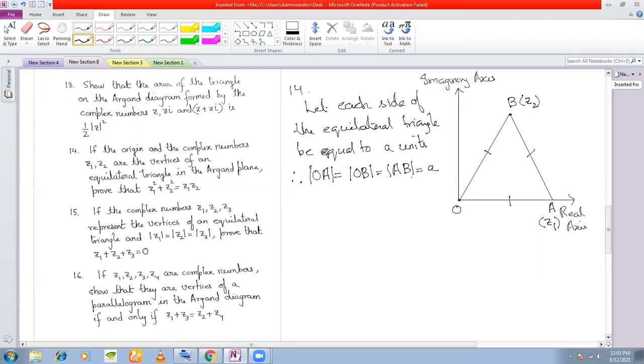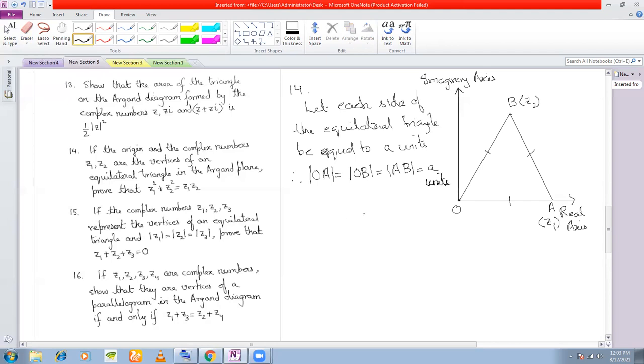Okay. Now, normally what happens is that we treat complex numbers as vectors, actually. So once you know vectors, you get into this habit of writing mod. Instead of OA, you write mod OA and mod OB and mod AB. Okay. So this is equal to A units.